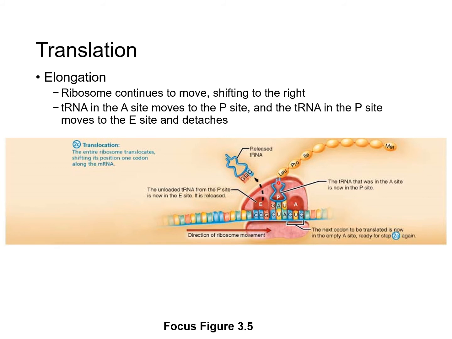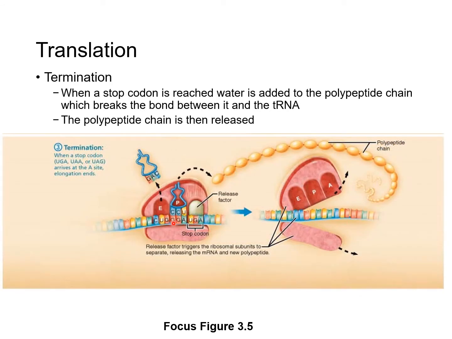And this is going to happen over and over and over again, and that's going to lead to a longer and longer polypeptide chain until the ribosome reaches a stop codon. At a stop codon, no additional amino acids are added to the polypeptide chain.